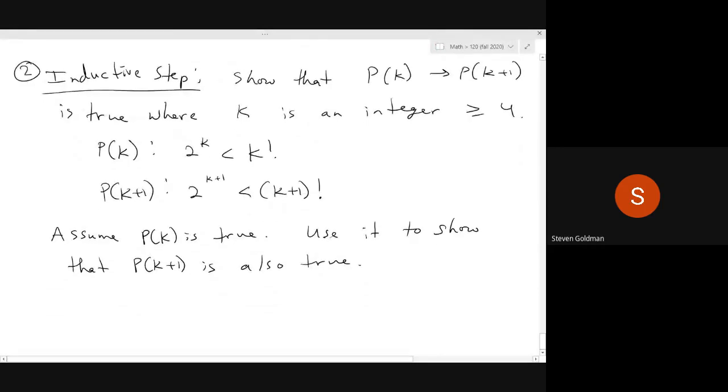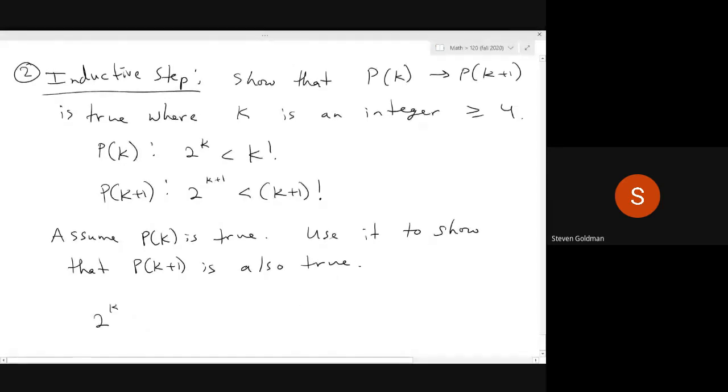Again, I'm going to start with P of k. P of k is the statement 2 to the k is less than k factorial.